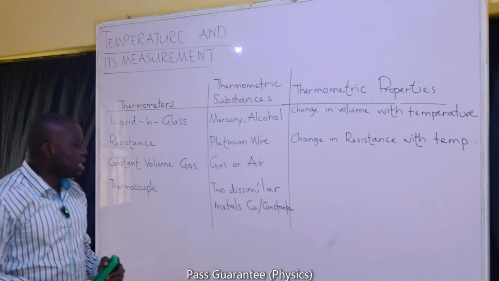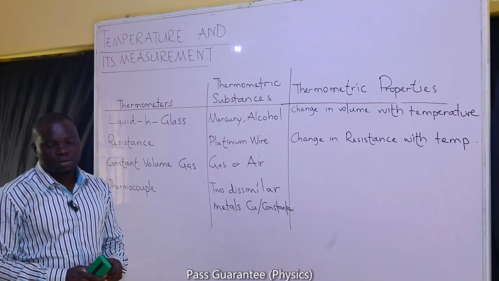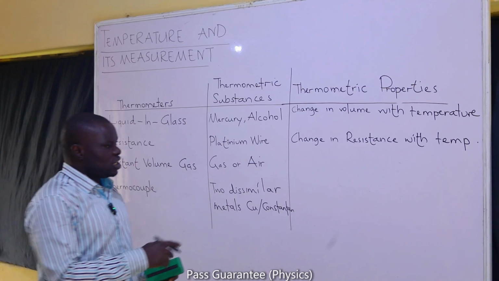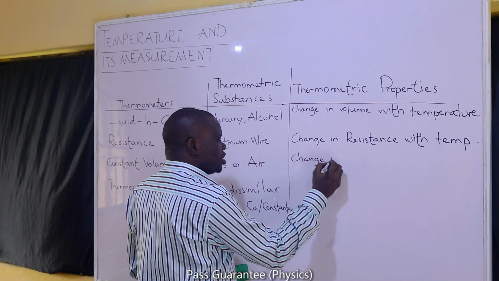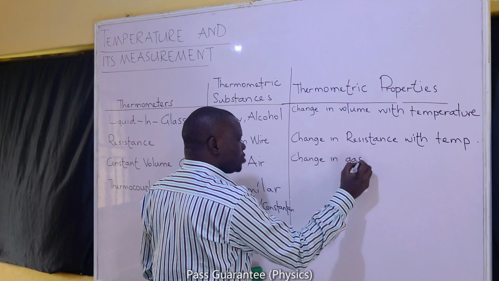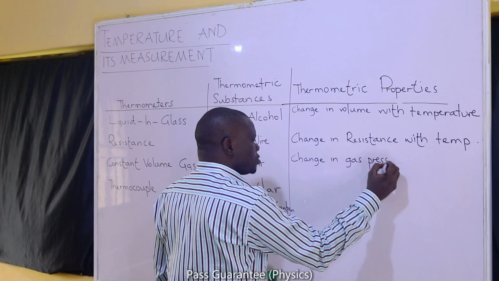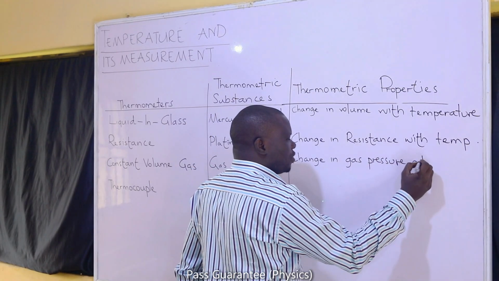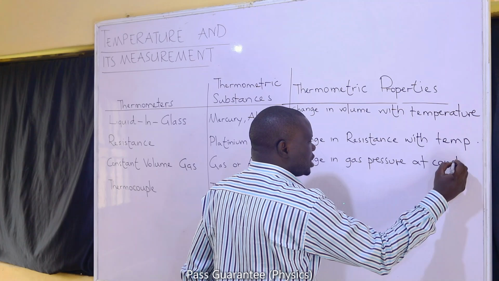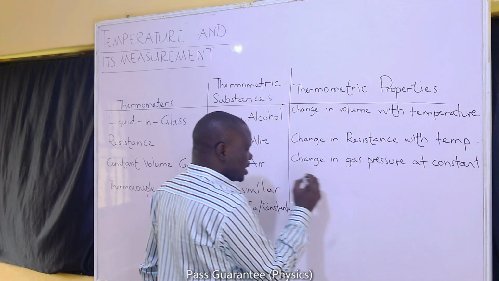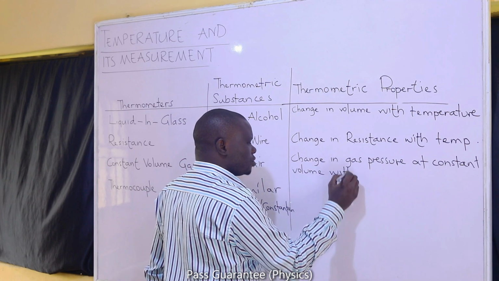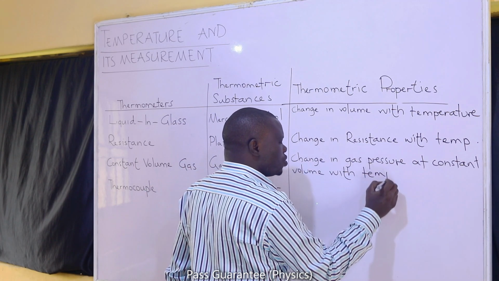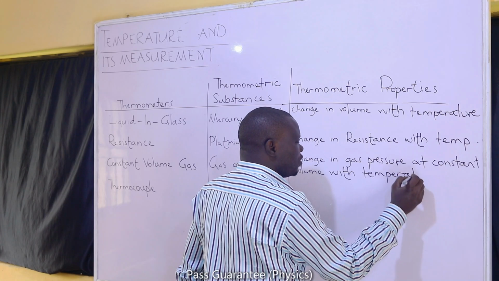The constant volume gas thermometer: the property is the change in the pressure of a gas at constant volume. That's why it is called constant volume gas thermometer. Why do we need to ensure that the volume is constant?